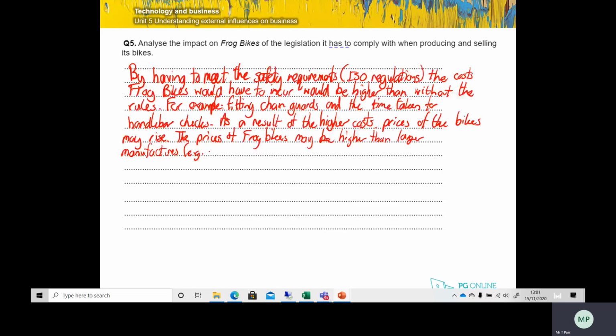e.g. Raleigh, Giant, Trek, etc. So what does that mean? If you were going to buy a kid's bike, if you're a parent, you've got a choice of an expensive independent company like Frog, or you pay a bit cheaper for a Raleigh.